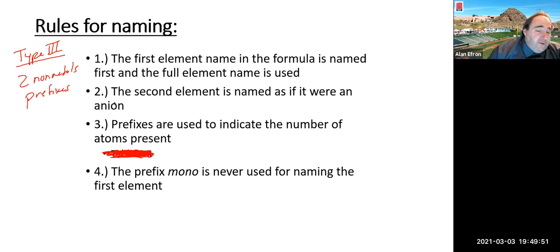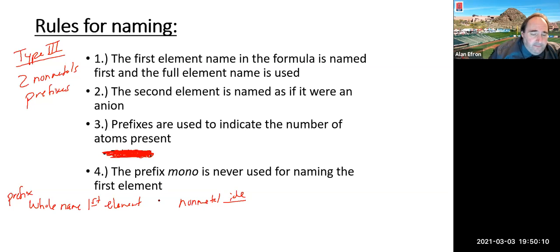We basically use the whole name of the first element. And the second element gets basically the nonmetal name with the -ide. The only difference is we use a prefix, perhaps on both names, to indicate how many of each of those elements are present. There are a couple of rules. The first rule is we do not use mono on the first name, but you absolutely can use it on the second name.